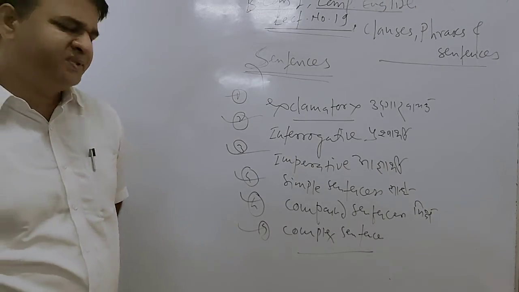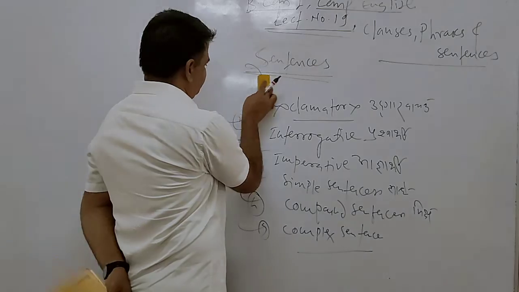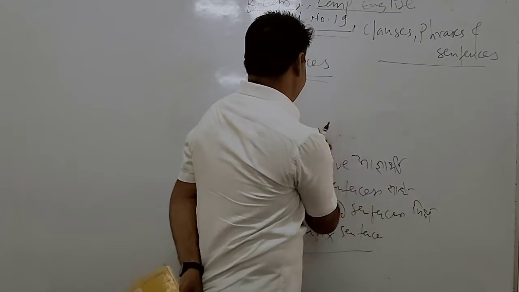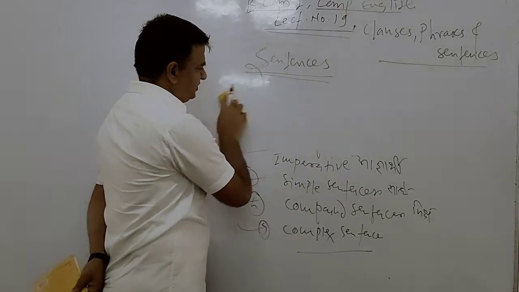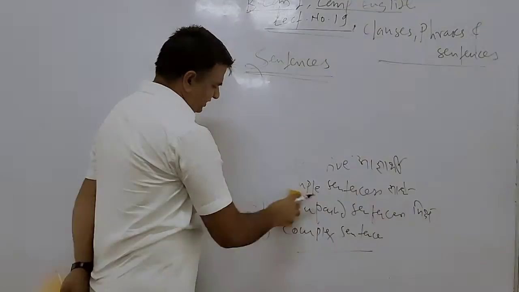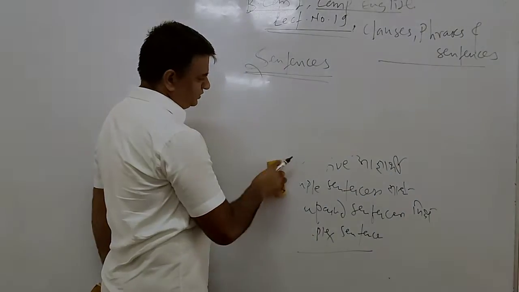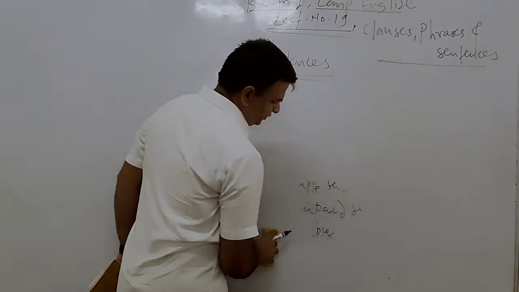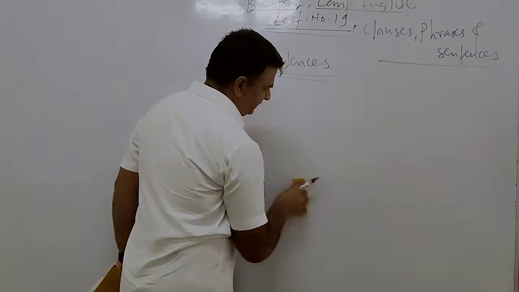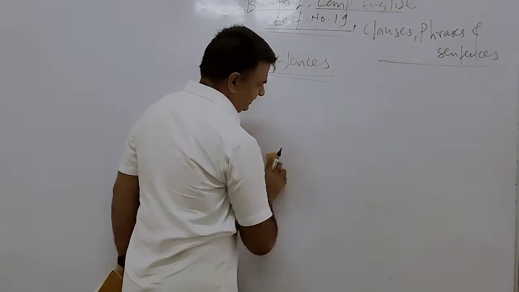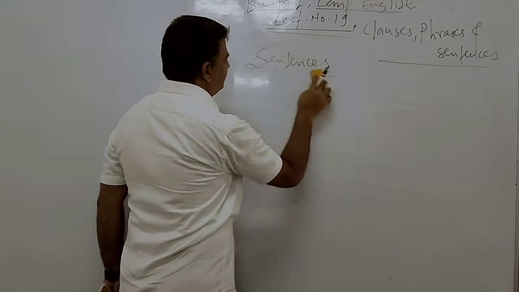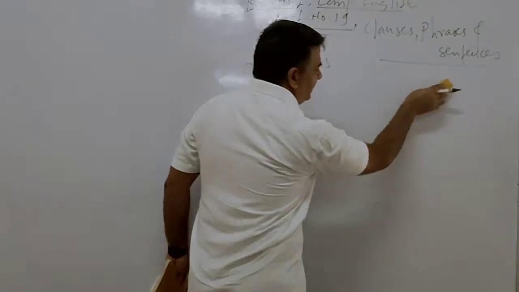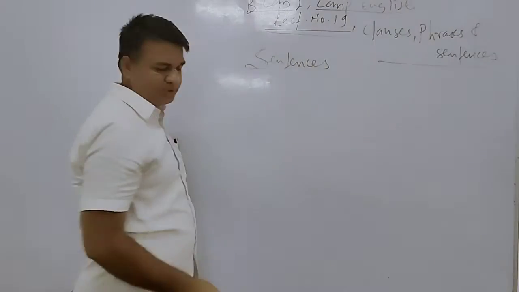There are so many types, and we will discuss the main types of sentences which are important, which will be asked in the exam, and you will easily attain them. Such examples we will study.